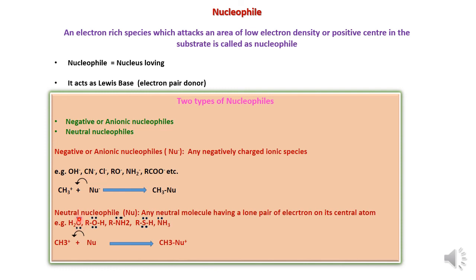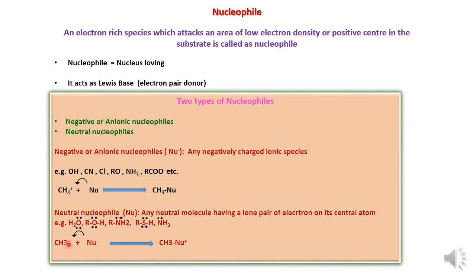I haven't shown it here, but there are two lone pairs. In ROH you can see two lone pairs of electrons. RNH2 has one lone pair of electrons present on nitrogen. RSH, there is thiol, lone pairs of electrons are present on the sulfur. Ammonia has one electron pair present on the nitrogen. They are thus electron rich species, but they are neutral in nature.